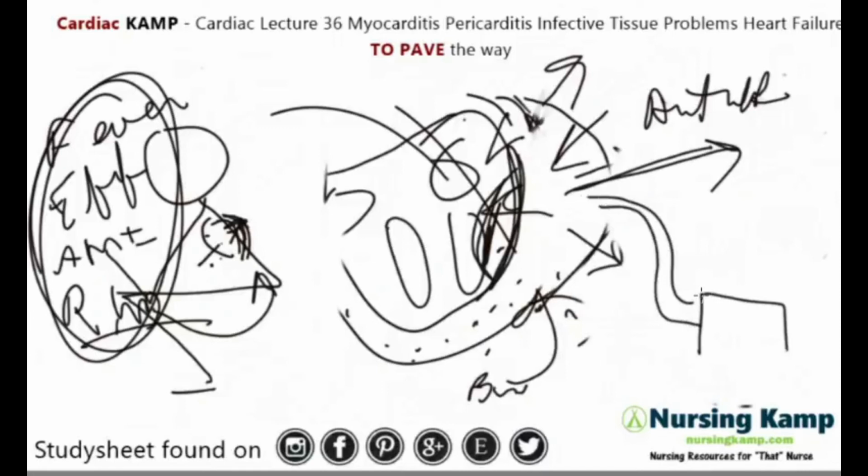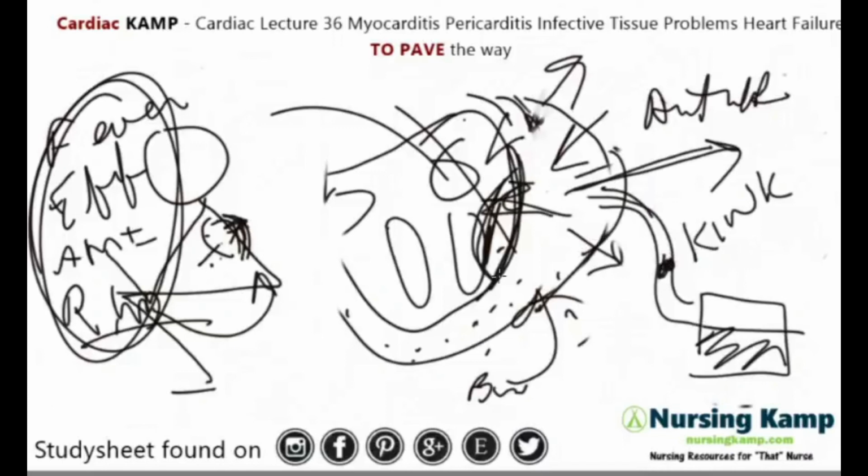And with that drain, you're going to monitor for kinks and clots, because if a kink happens here, the fluid can't get out. So with pericarditis, the next thing you know, cardiac tamponade. So it becomes a further problem. So you always monitor pericardial drains for kinks and clots, and anything greater than 100 cc's is always a call out.